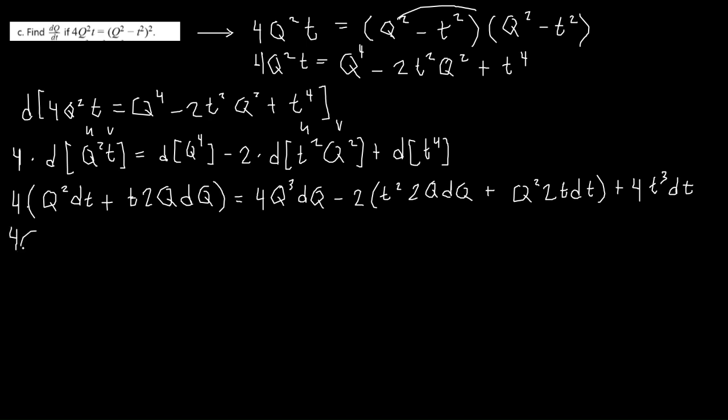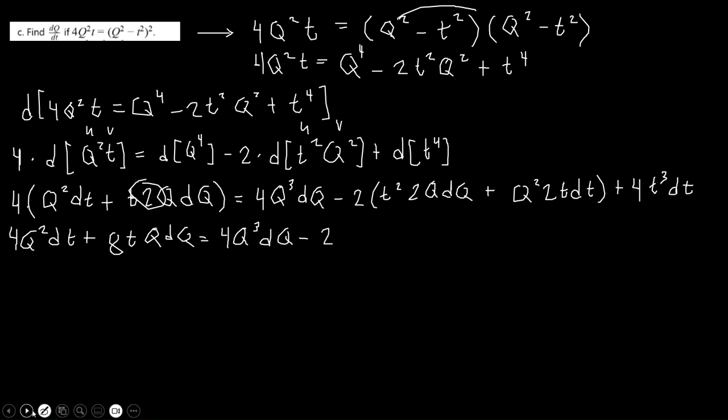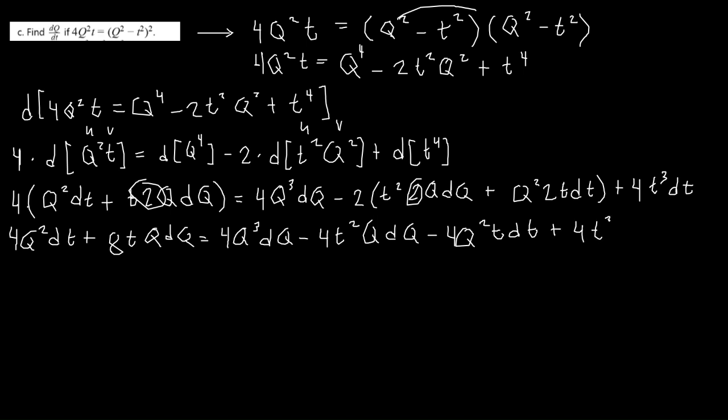So we can just have this as 4q squared dt plus 8t cubed dq equals 4q cubed dq minus, 2 times 4, that's actually negative 4, because there's a 2 here, so this will be negative 4 t squared q dq, minus 4q squared t dt plus 4t cubed dt.